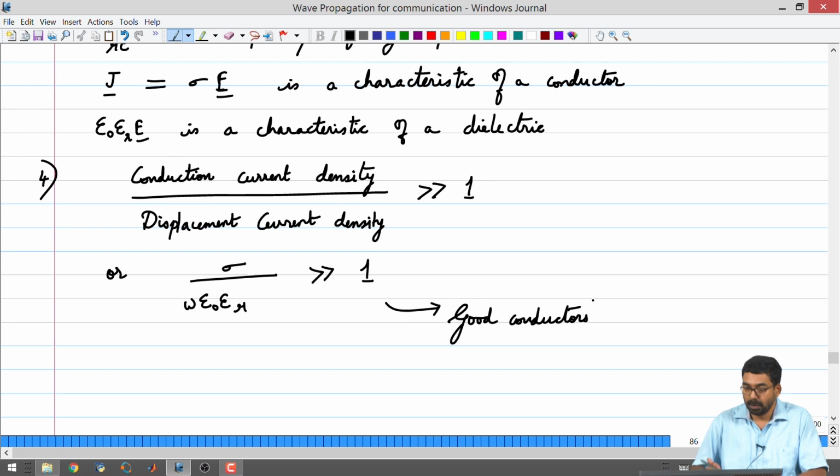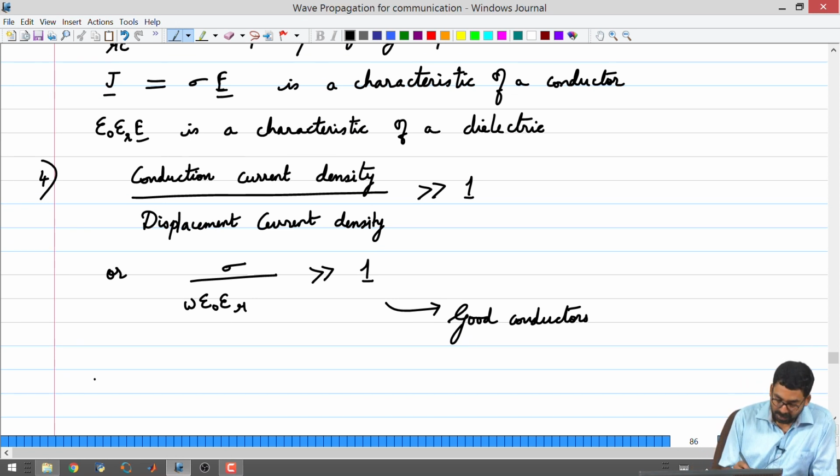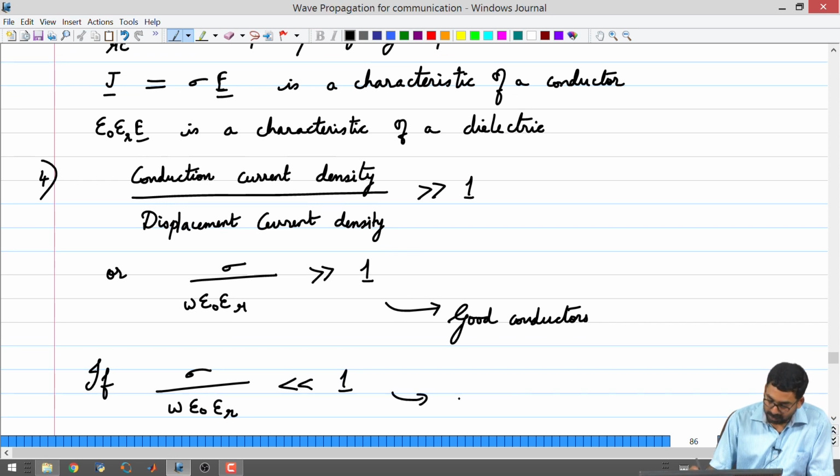Okay. So, we can also write down if sigma divided by omega epsilon naught epsilon r is say very much less than 1, you will call this a good dielectric.